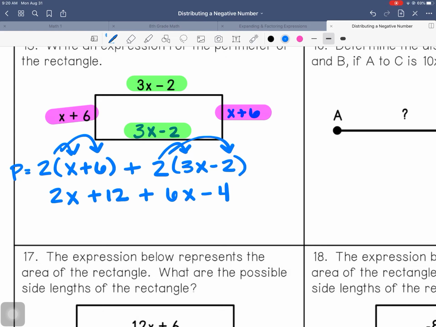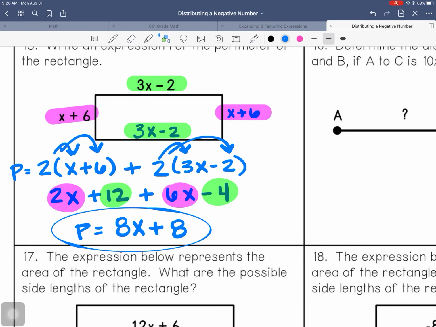Now, if you'll notice, we still have some like terms we need to combine. The 2x and the 6x, and the 12 and the negative 4. So I'm going to have 8x plus 8 as my final perimeter. Please put all of that in your notes.